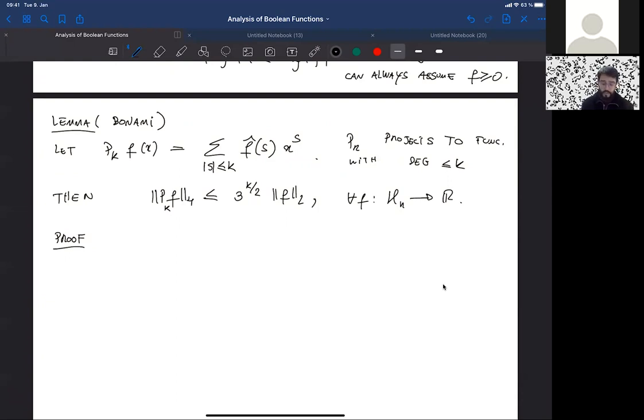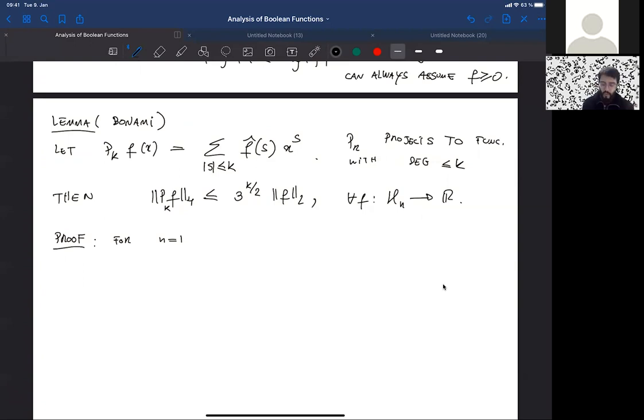And so how do we prove that? That's actually an illustration that we only need to show it for n equals 1, and then we work through induction. And for n equals 1, what's a function of degree less or equal than k?